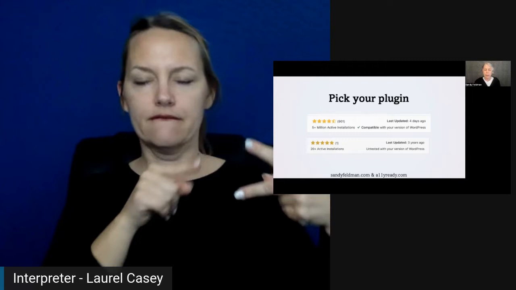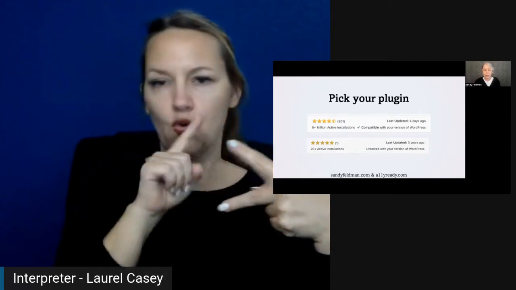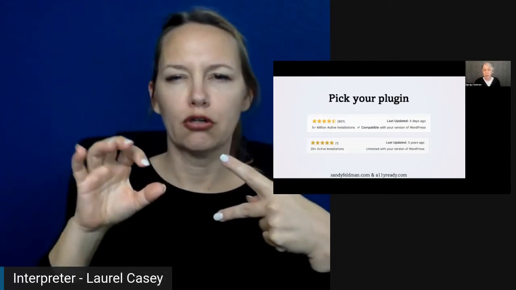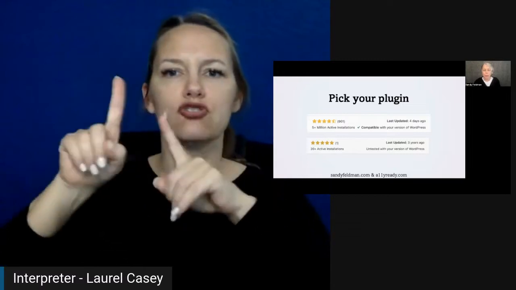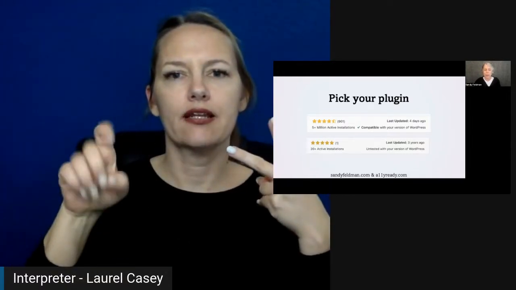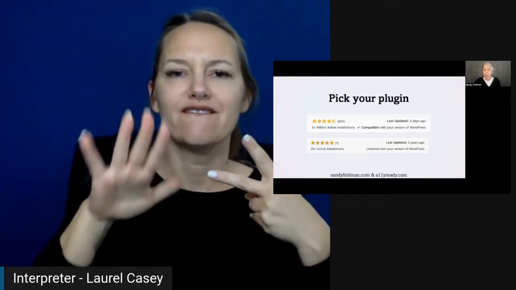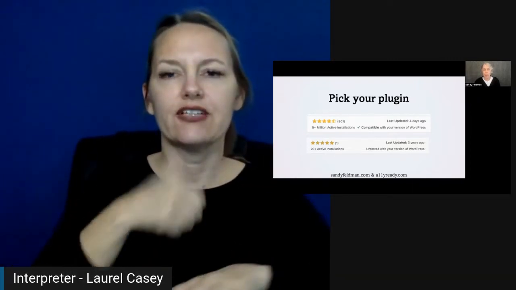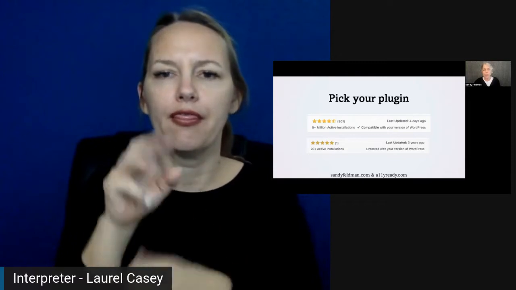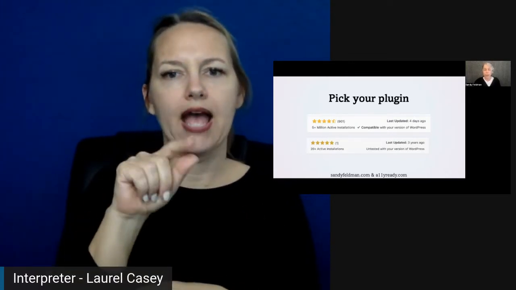One has 900 plus 4.5-star reviews. The other was last updated 4 days ago, 5 million plus active installations, and it's compatible with my version of WordPress. The other one has 20 active installations, 1 5-star review.